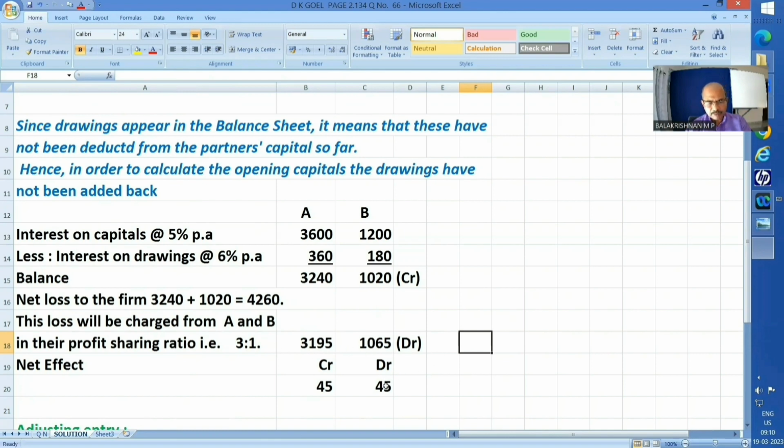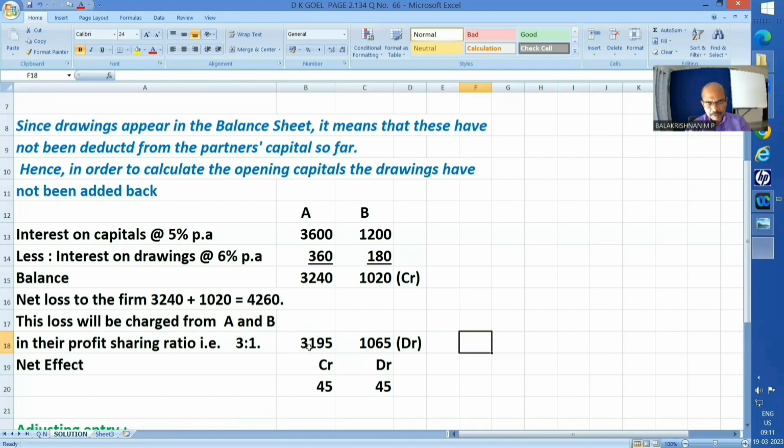Now what is the net effect? Interest being credited, partners will get 3,240 and 1,020 credit respectively. And net loss on account of interest from the point of view of the firm is to be borne by the partners, and hence it has to be debited.